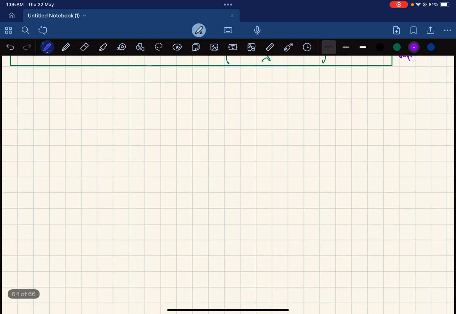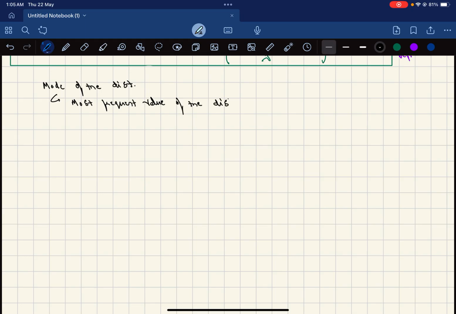Now next, the new topic which we'll be looking at here would be the mode of the distribution. The mode of the distribution is defined as the most frequent value of the distribution.